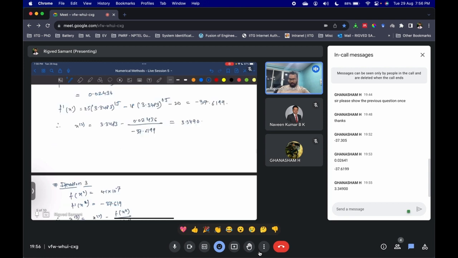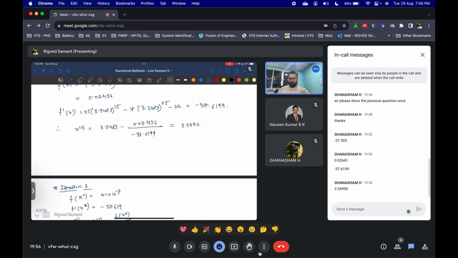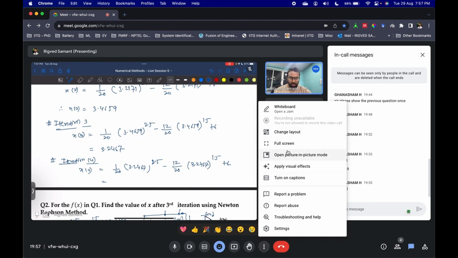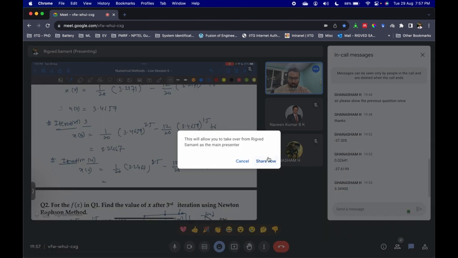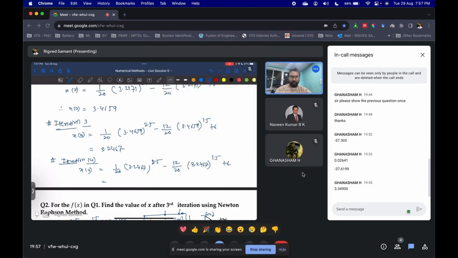So you get an idea here. This value we got with the fixed point iteration after, let's say, okay, I'll just share that Excel sheet, it's going to be better for me to tell you.